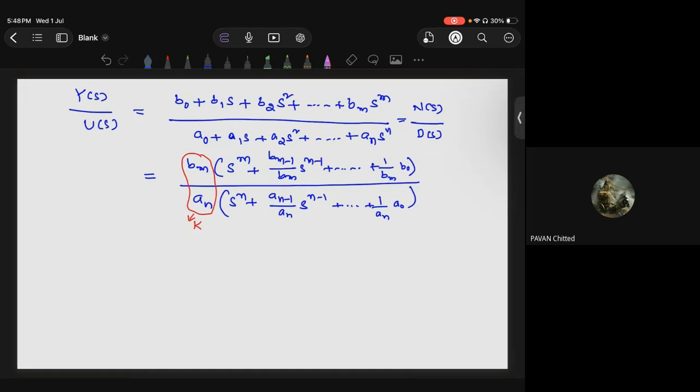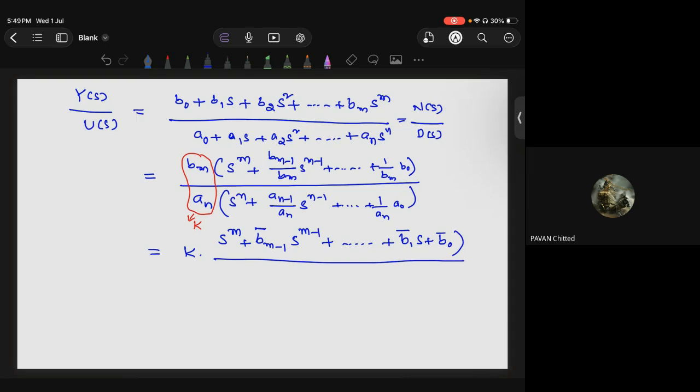Now I'll write this as k multiplied by s power m plus bm minus 1 bar s power m minus 1, etc., plus b1 bar s plus b naught bar, over s power n plus an minus 1 bar s power n minus 1, etc., plus a1 bar s plus a naught bar.